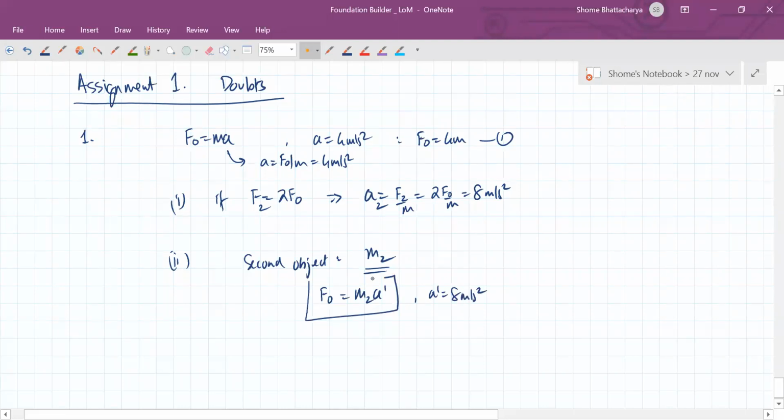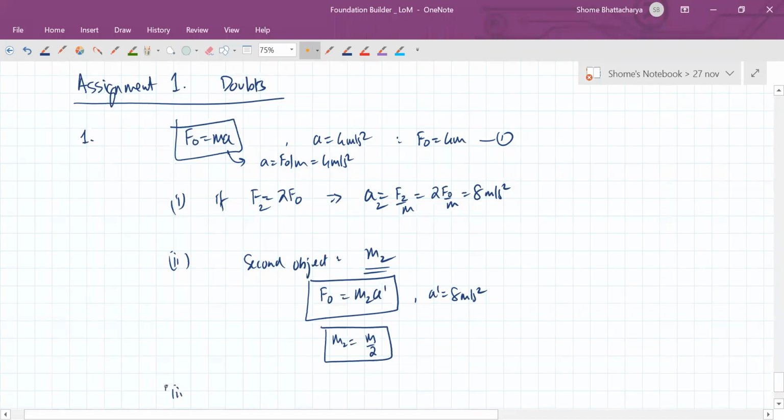So compare this equation with this equation. Okay, so you will see that m2 will work out to be half of m. This one has a mass which is half because the same force is giving you double the acceleration.